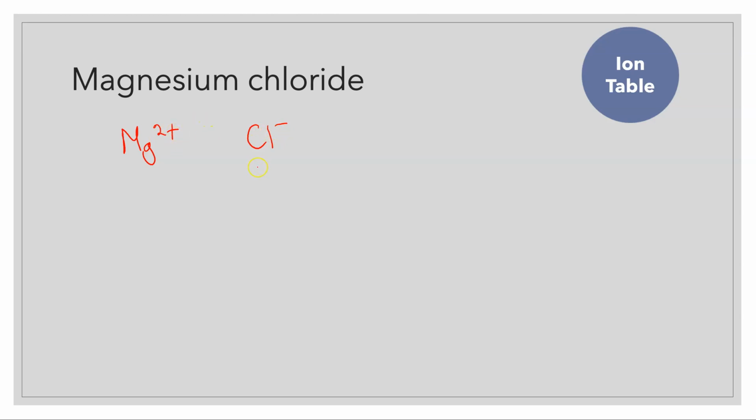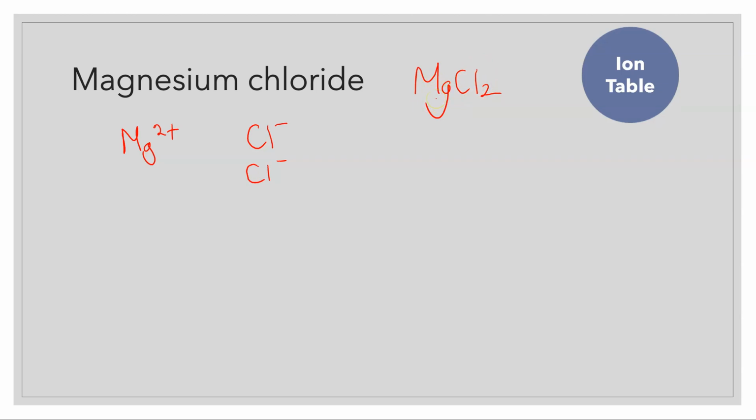If we added another chloride ion, that means we had 2 chloride ions, each one being a 1 negative or 1 minus, they would cancel out that magnesium. So what that means is magnesium would be 1 and chlorine would be 2. So what that is saying is we need 2 chloride ions to react with 1 magnesium ion.